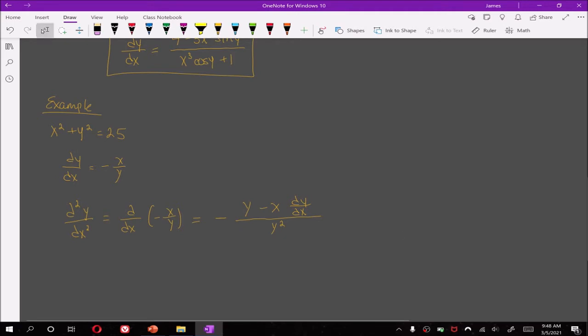But dy dx is up here. It's negative x over y. So let's go ahead and plug that in. Well, now what we can do is do algebraic simplifications, right? So distribute this negative through first.